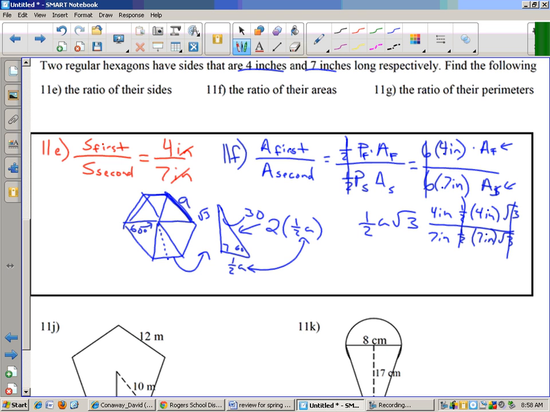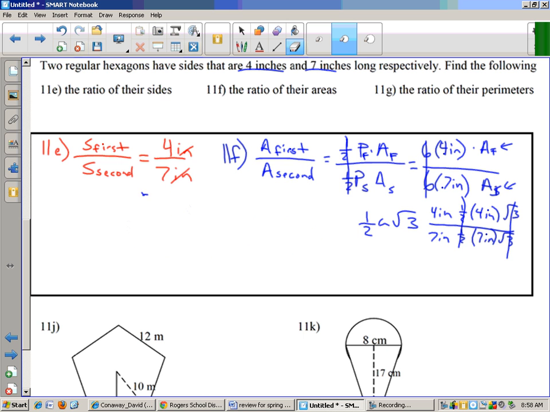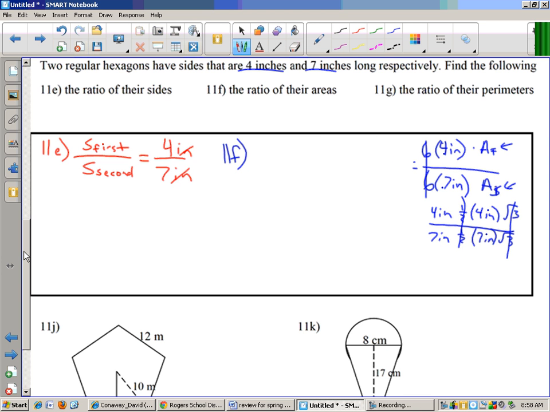So, forget all the stuff we did here to find the formula, and just go back to this idea that if I have area of the first over area of the second, it's going to be that thing squared.